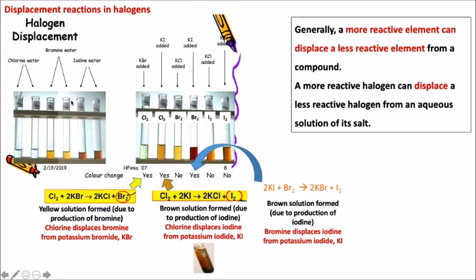Now what I've done is I've brought the same test tubes to the right-hand side. So again, I've put the labels on there to make it easier for you to know what each test tube contains. The first 2 test tubes each contain chlorine water. The middle 2 contain bromine water, and the last 2 contain iodine water. I'm doing it this way because we are not in the lab, and you should try and follow what I'm doing.